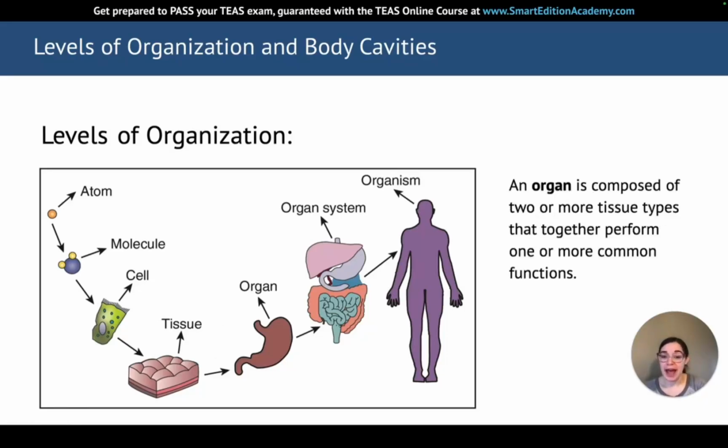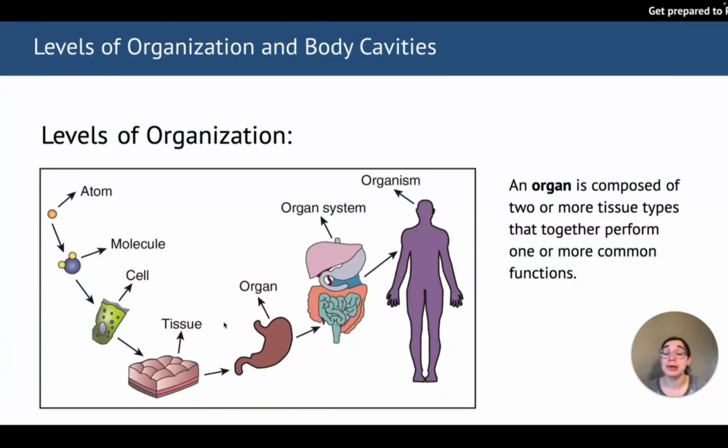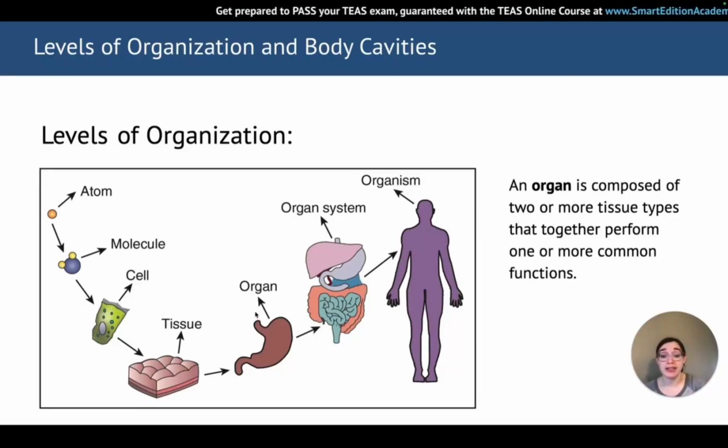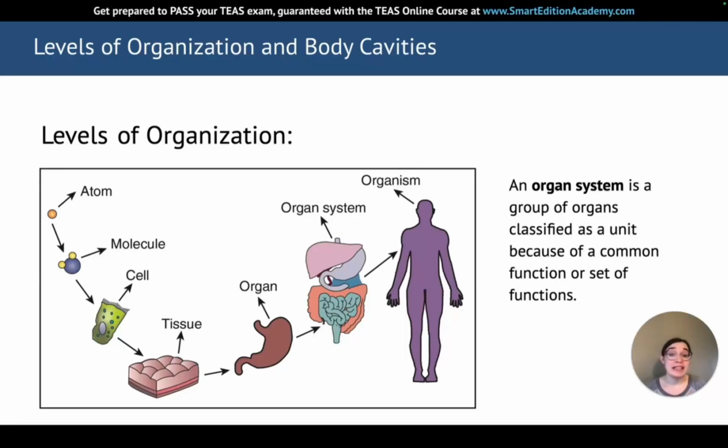And after that, we have the organ level. An organ is a structure that is composed of 2 or more tissue types that work together to perform one or more common functions. So think of the heart, think of the liver, the pancreas, etc. Now, an organ system is a group of organs that get classified together as a unit because they all work together to perform a common function or set of functions.